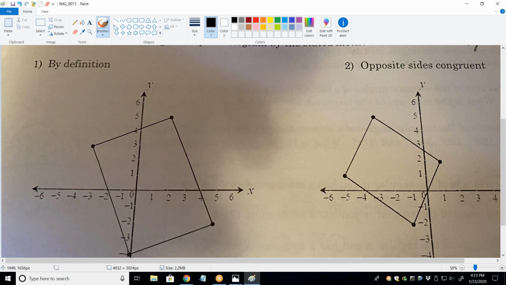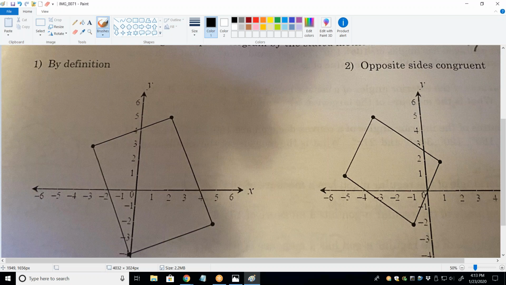Isn't a parallelogram a four-sided figure with opposite sides that are parallel, and equal? Like an equilateral? No, a quadrilateral. It's a quadrilateral whose opposite sides are parallel and equal. Okay.